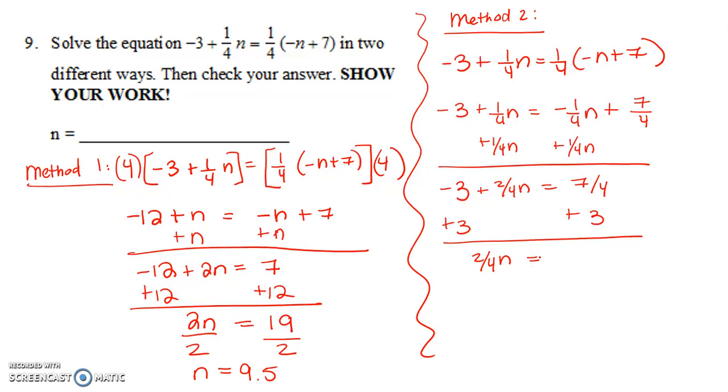Okay, so 7/4 plus 3. I'm going to go ahead and put it on the side, 7/4 as a mixed number. How many groups of 4 go into 7? Only one group. So you have 3 left over, so 1 3/4 plus 3, so 4 3/4.